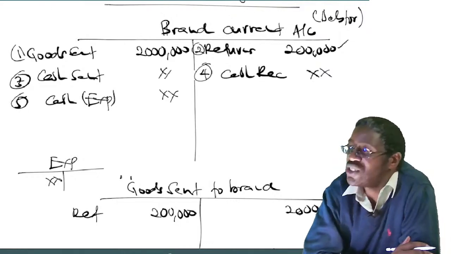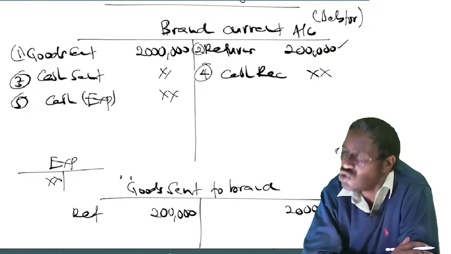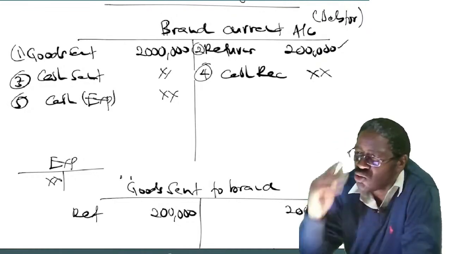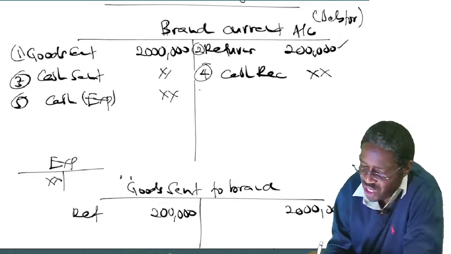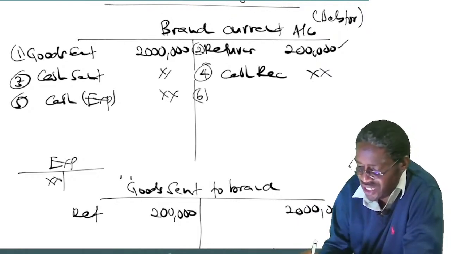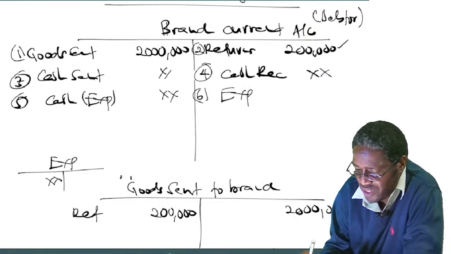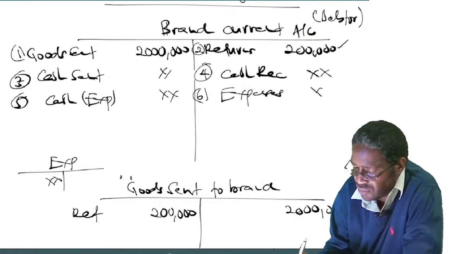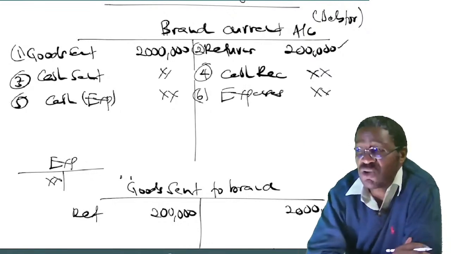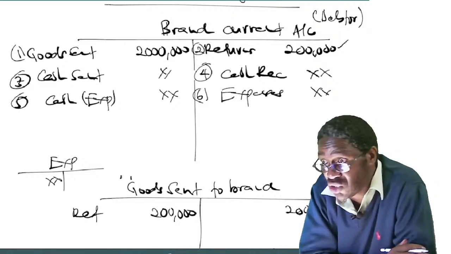Why? Because they are the ones who paid it on your behalf. So to reduce what the branch owes you, you come and credit the branch current account. You come and say your expense. That is how the head office will record that transaction.